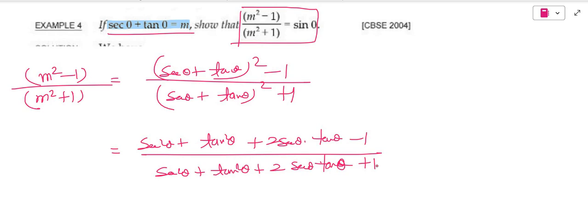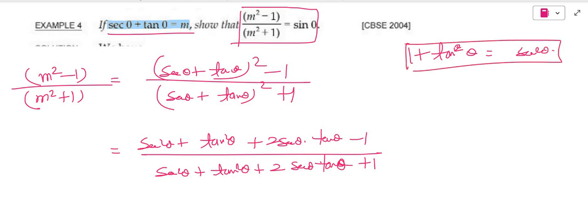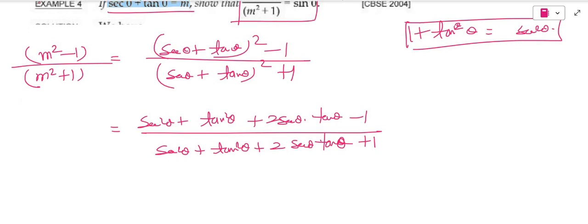Okay. Now let's simplify. Do you remember 1 plus tan square theta is sec square theta? Do you remember this? Correct? So here I can eliminate sec square. Sec square I can write as 1 plus tan square, and here also 1 plus tan square.